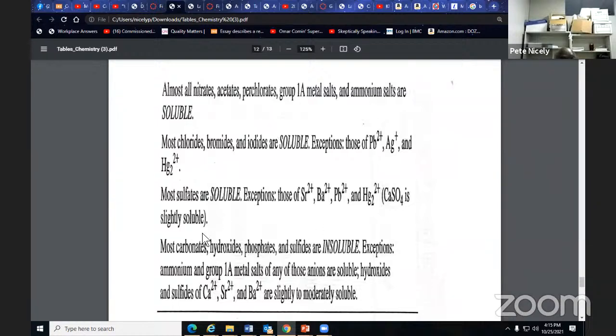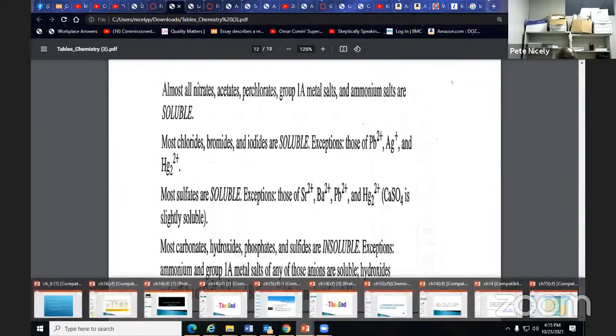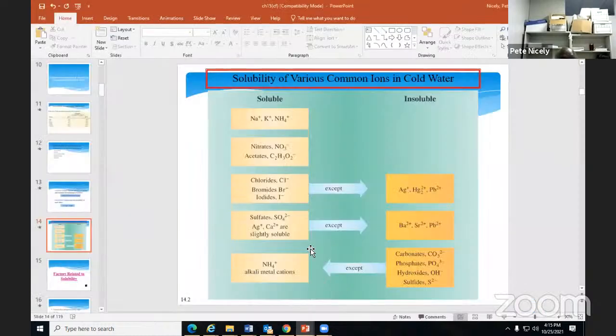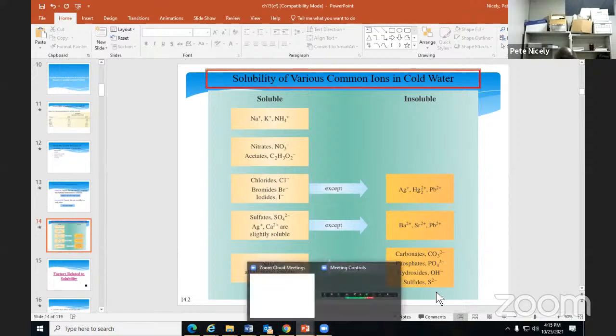So you can refer to this table if you want to make predictions about whether or not a particular ionic compound is soluble in water. And I think that this table is better than the one that is shown here, all right? I mean, you can still use this, but I don't think this table actually shows all or as many possibilities as the table that I showed you earlier.